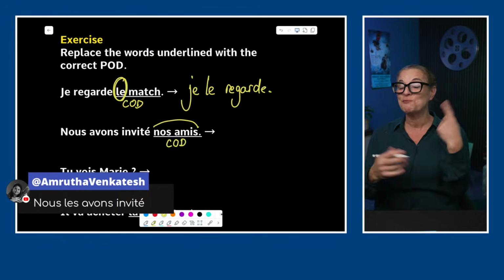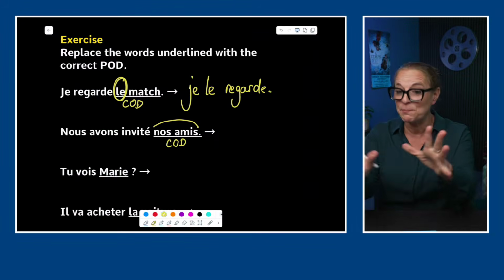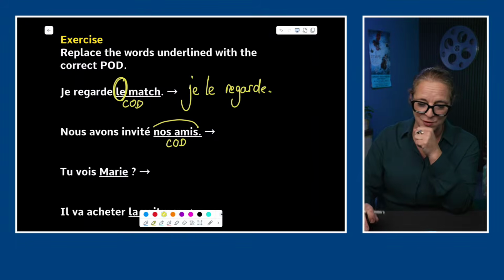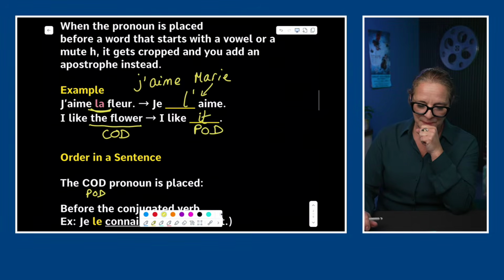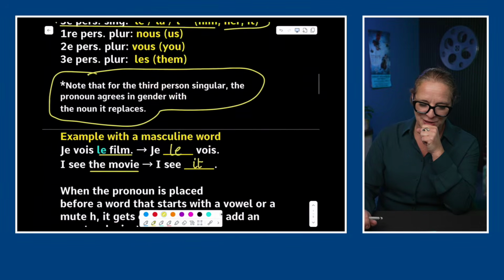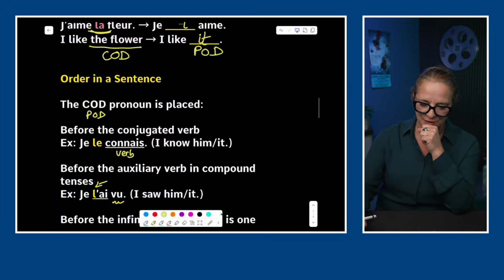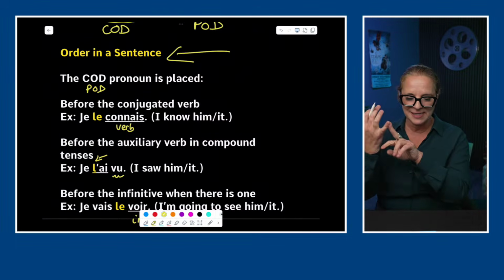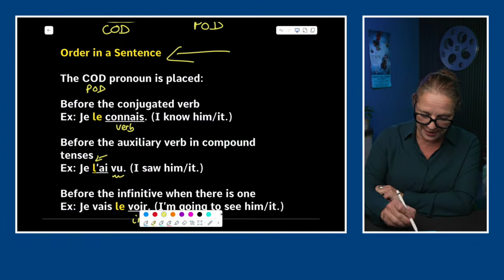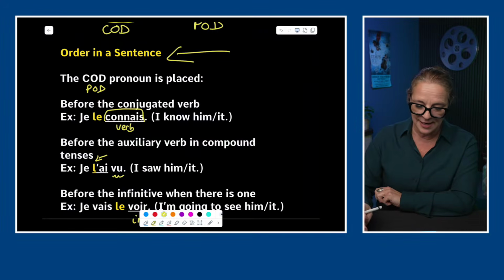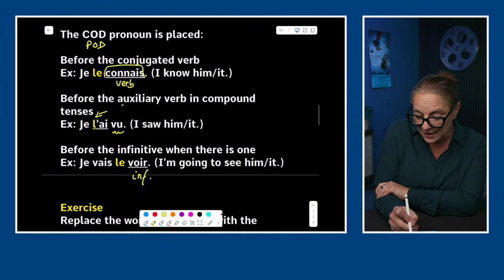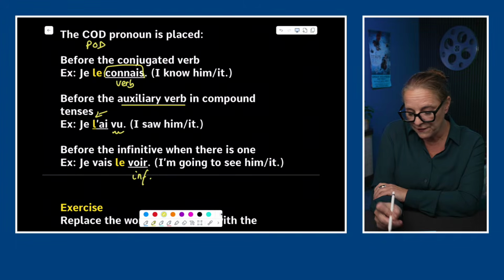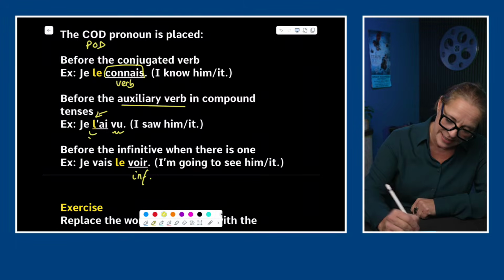So let's rewind for a minute, okay? It's perfect, and I'm loving that you are trying. Where is it placed? The order in the sentence. Let's have a look at that. It's placed before a conjugated verb, such as connaître. When it is compounded with an auxiliary verb, look at where it is.